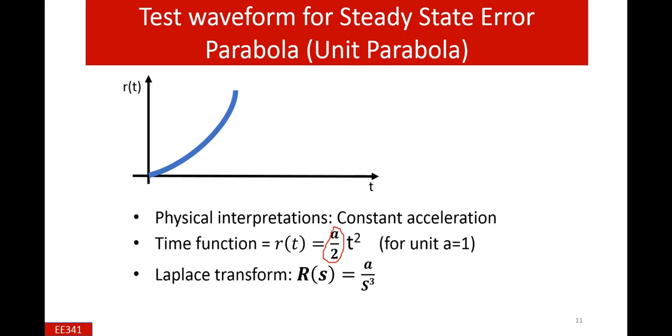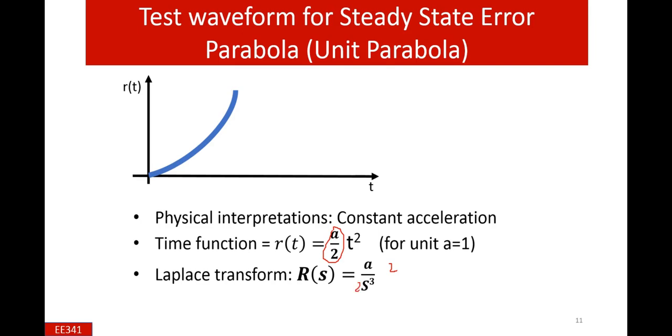If a is equal to 1, then this is the unit parabola, and the Laplace transform of this function is a over s cube, where the 2 is cancelled out.